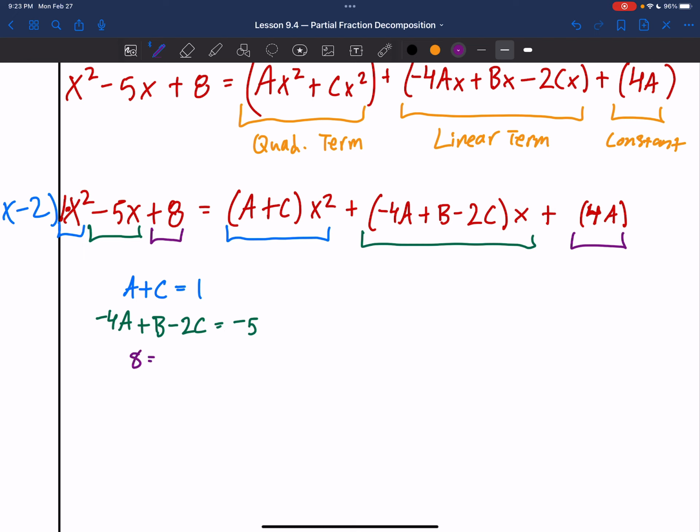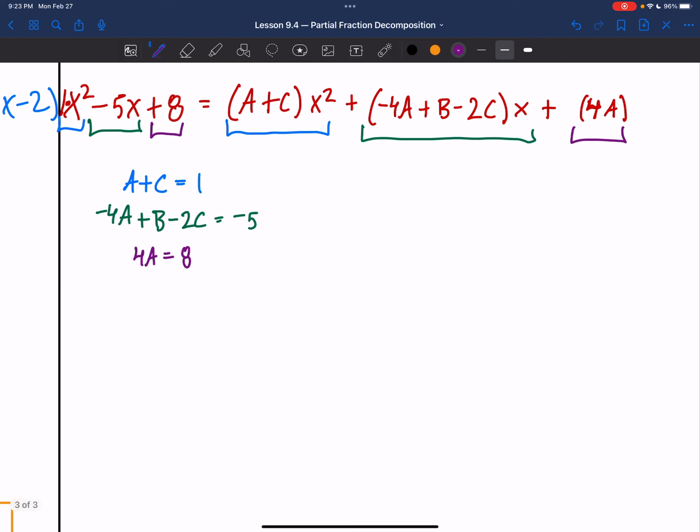So 4a equals 8. Now, I do want you to notice we could solve this by hand pretty easy. This is your system. Can solve by hand easy with substitution.